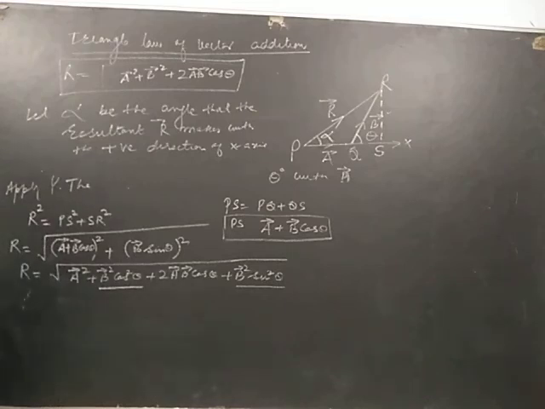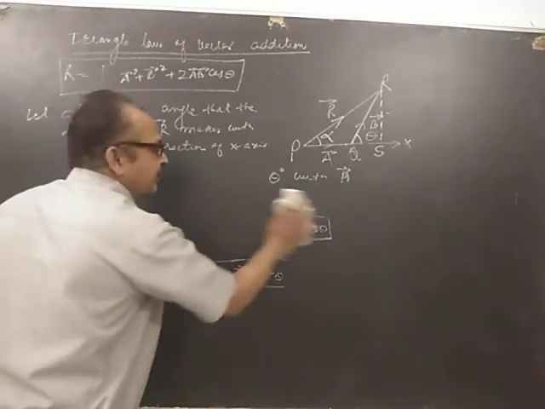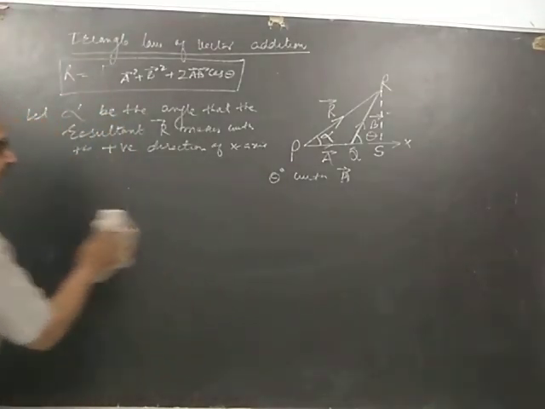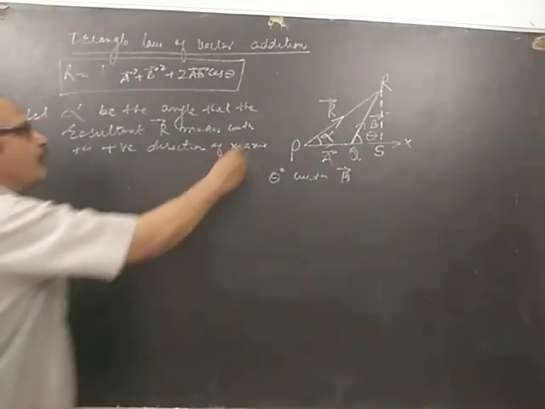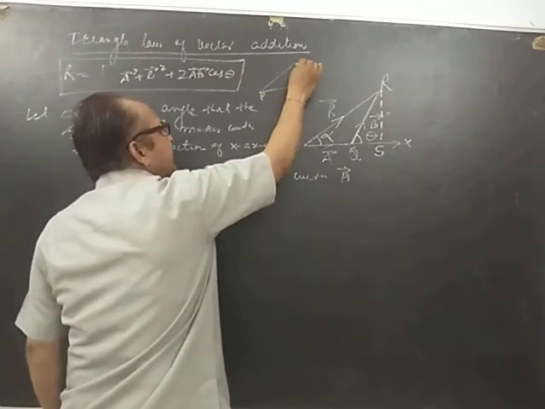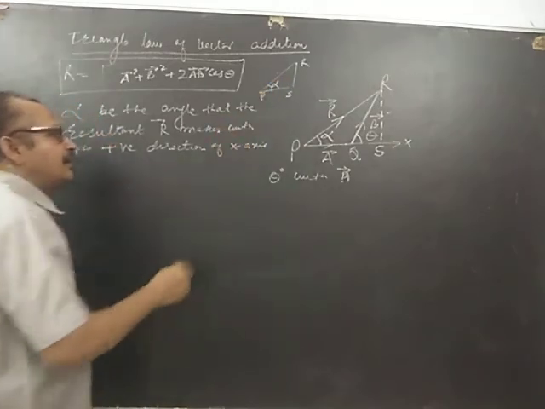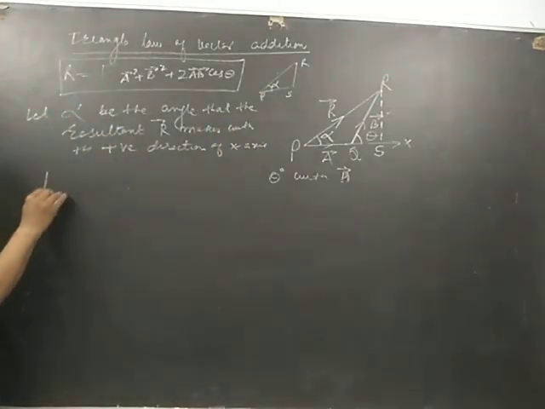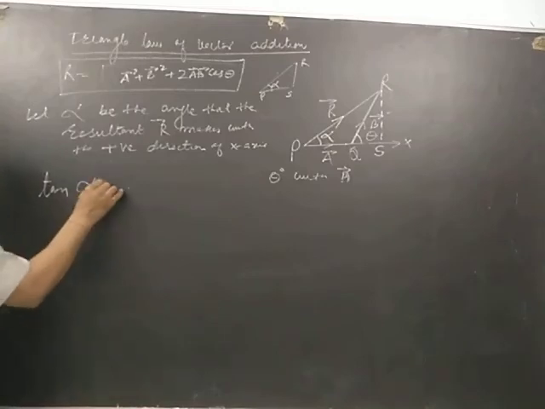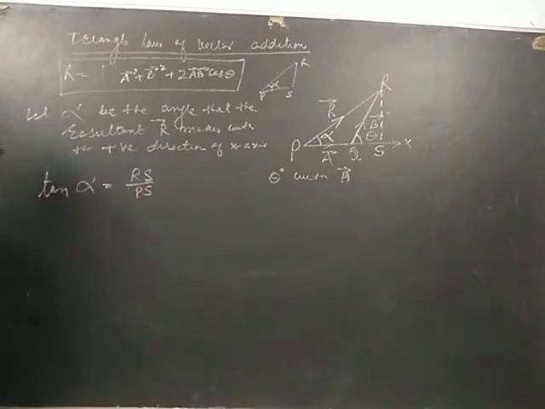Now again, if you go back to the same triangle P, S and R, this is obviously the angle alpha. You can find out that tangent alpha is equal to RS over PS.